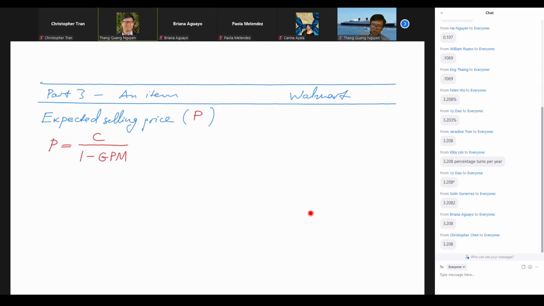So I would like everybody to try this one, right? What is the expected selling price of this particular item? And please share. So the C is the item cost, $50. 1 is 1.